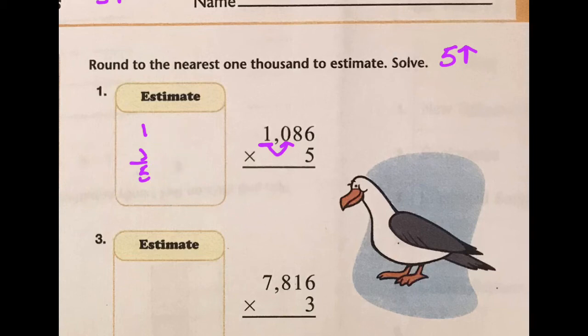All right, now I'm going to show you the other way. So let me write that down. 1,000 times 5. So this way is the easy peasy way. That's what I call it. Because you're working with these zeros, we're going to ignore those right now.